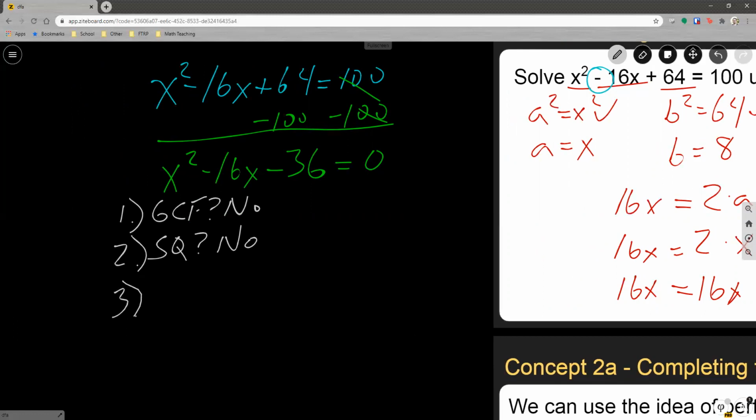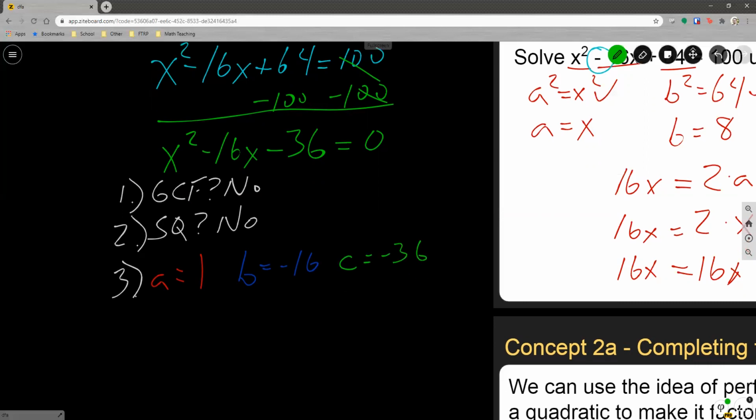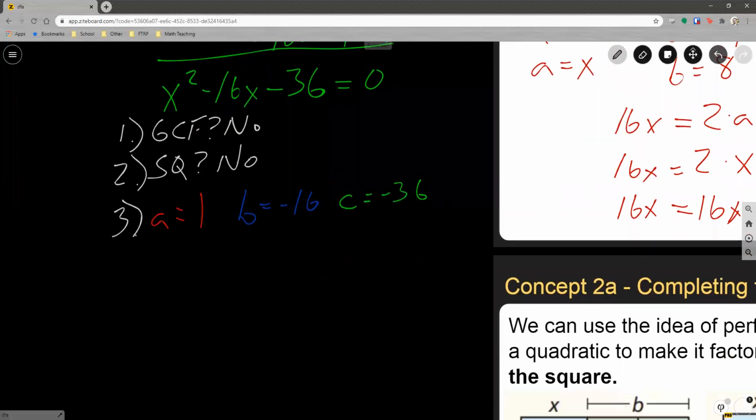So I go to step 3, and I just break it down into my a value, which is 1, my b value from standard form, which is -16, and my c value, which is -36. From there, I can just build my x thing, x box, whatever we want to call it. A times c is -36.